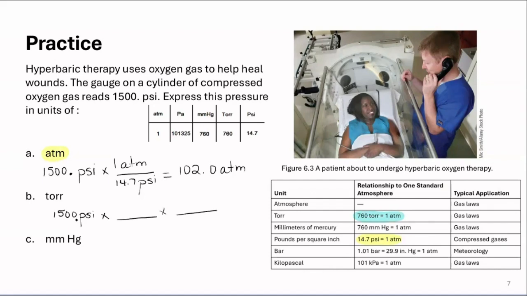We're going to use the one that we used on letter A, 14.7 PSI to 1 ATM, and then 1 ATM equals 760 torr.